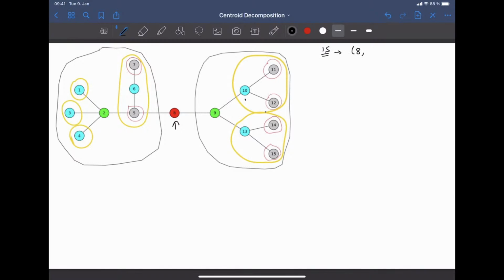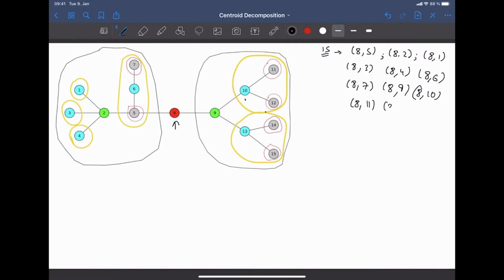The paths are 8 comma 5, 8 comma 2, 8 comma 1, 8 comma 3, 8 comma 4, 8 comma 6, 8 comma 7, 8 comma 9, 8 comma 10, 8 comma 11, 8 comma 12, 8 comma 13, 8 comma 14, 8 comma 15.